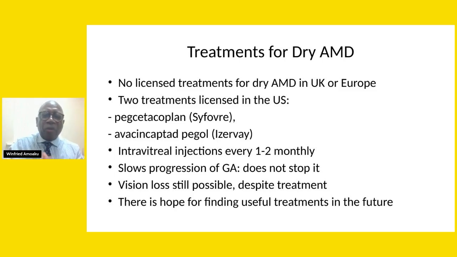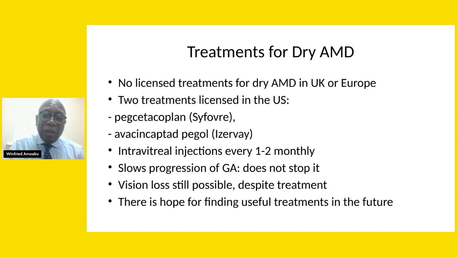So that reduction will allow some further preservation of eyesight. But unfortunately, if the progression continues and it involves the fovea, then you still lose vision. And it's because of all these that the regulators in Europe at the moment do not think it's cost effective. It's not a game changer, which is why they haven't approved either of these for treatment in Europe or in the UK.